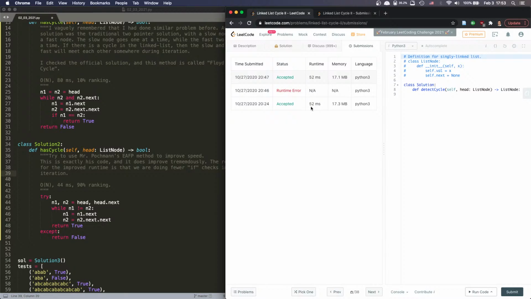As we go around, so we start from here. As we go around, so what will happen when the slow one gets into here? The slow one gets into here, the fast one and the slow one will be in sync, right?